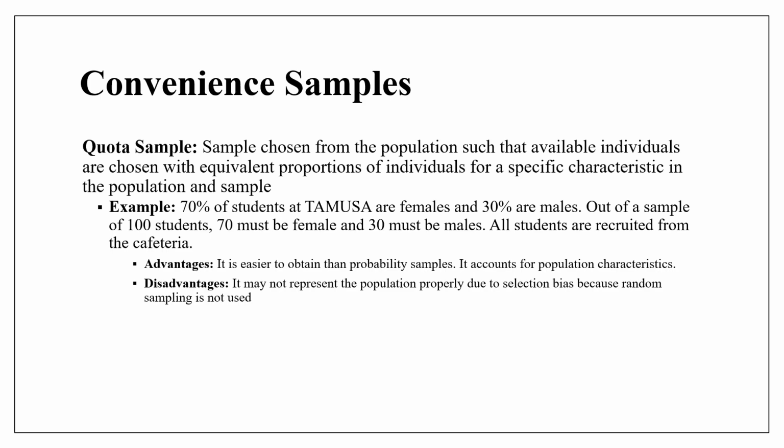And again, that is very important because giving everyone an equal chance means that you're randomly sampling individuals, which gets rid of that selection bias.